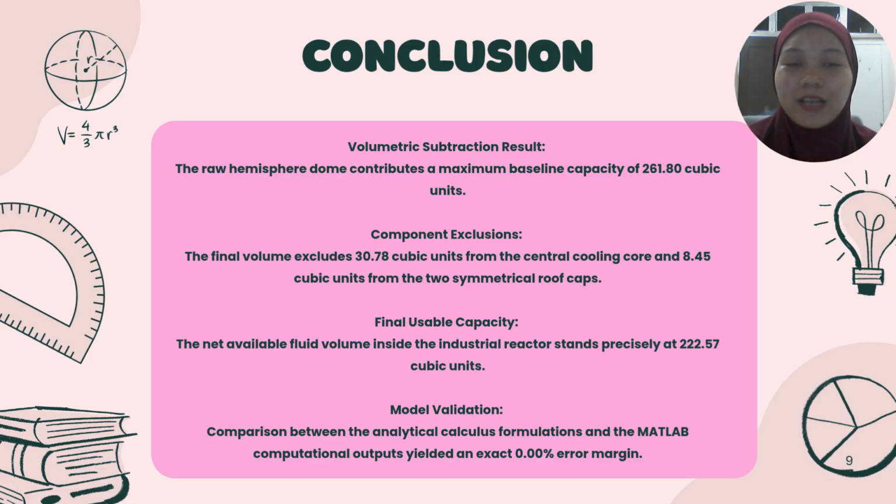Based on the detailed calculation and simulation presented by my teammates, our systematic geometric subtraction has successfully yielded a precise quantitative result for each section of the reactor. As displayed on the slide, the raw hemispherical dome provides our baseline capacity at 261.80 cubic units.